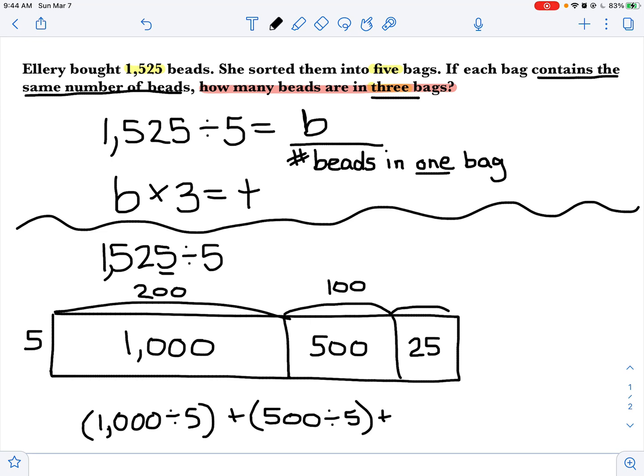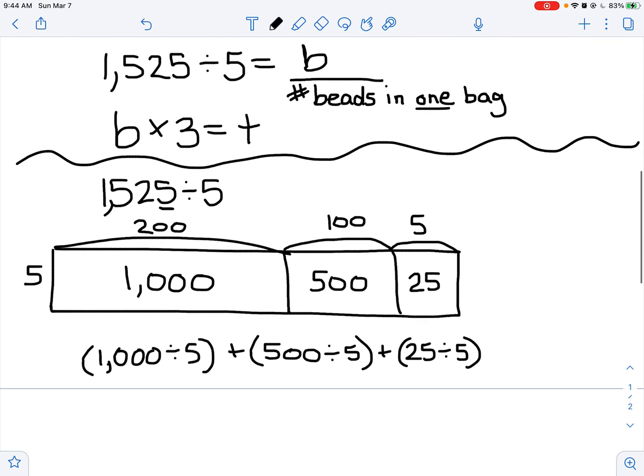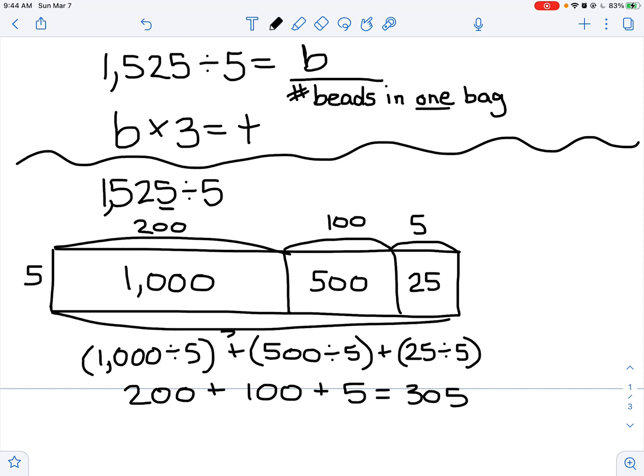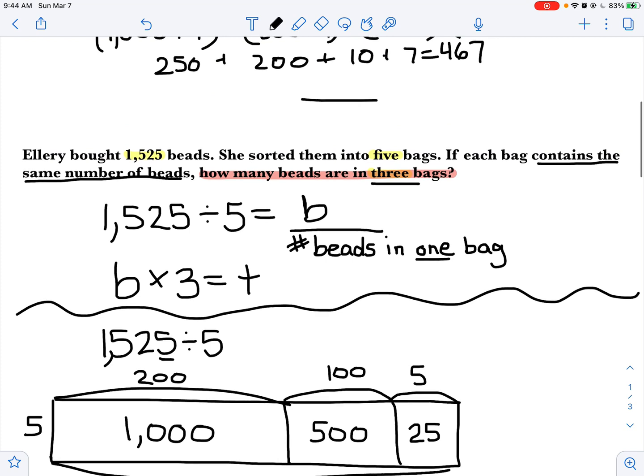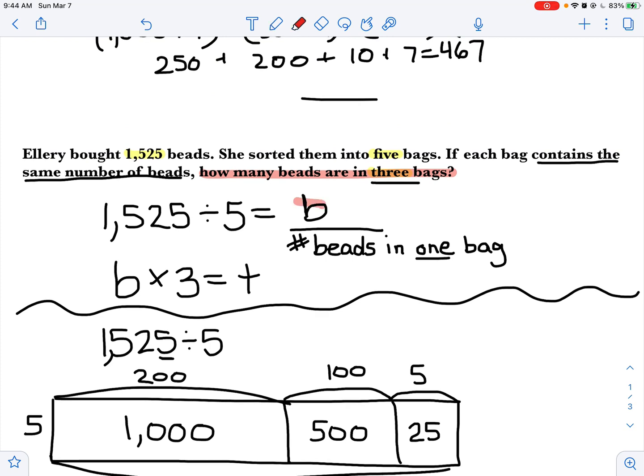And I know 25 divided by 5 is going to be 5, because I know 5 times 5 is 25. Okay, so now I'm going to add up all of my quotients. 200 plus 100 plus 5 is going to give me 305, right? So now I know the value up here of B. I know B equals 305.